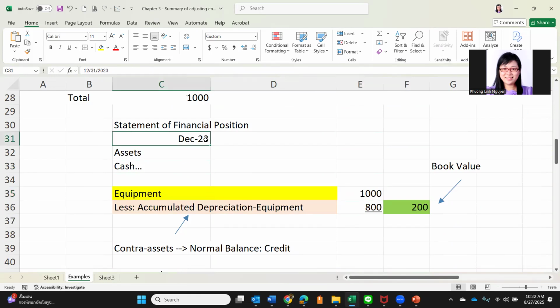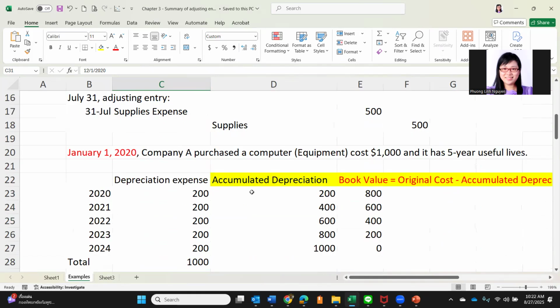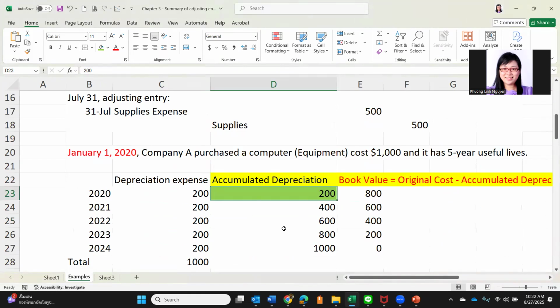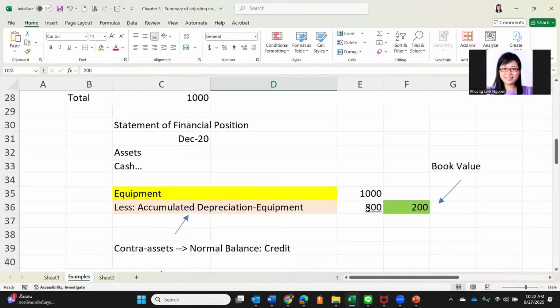This is at December 2020. So equipment will be 1,000. This is the original cost. And at the end of year one, our accumulated depreciation is 200, right? So we put here 200. Then my book value would be 800.